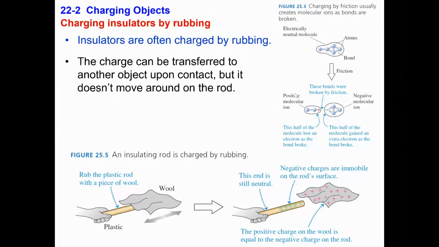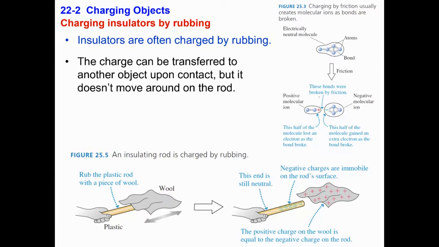Okay, and the molecule has a number of atoms depending on the material, and there is a bond between these atoms. So when you do rubbing, the friction causes the molecules or some of the bonds in the molecule to break, and you end up, let's assume, for example, in this case, the molecule breaks into two molecules.